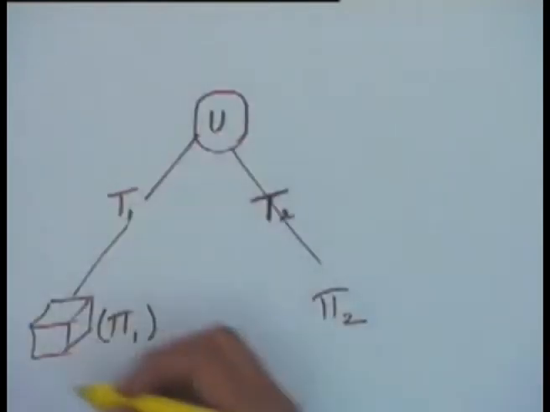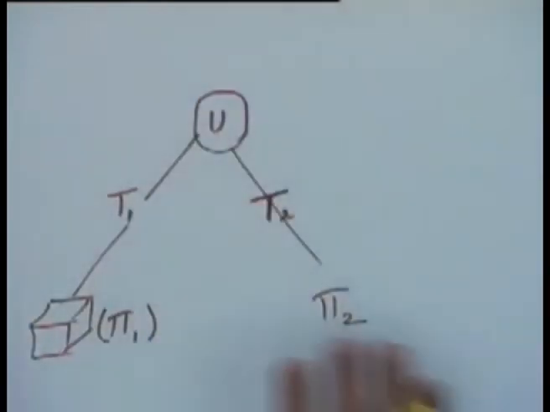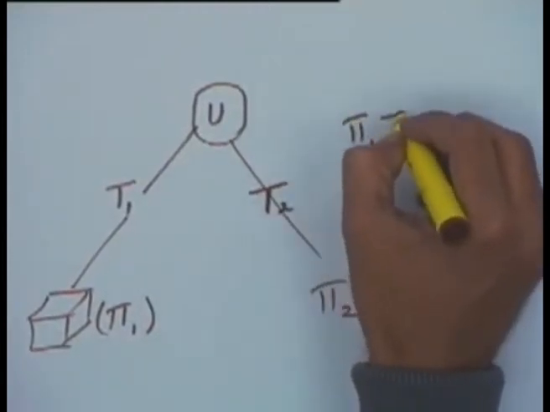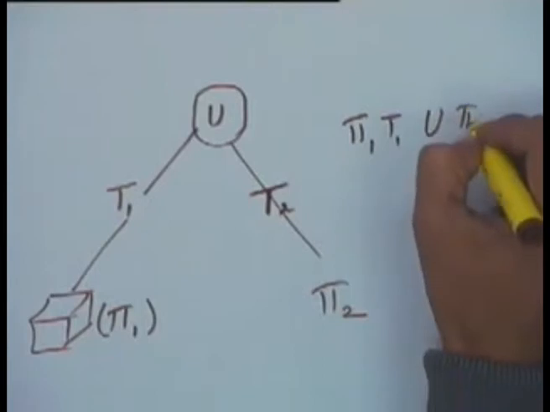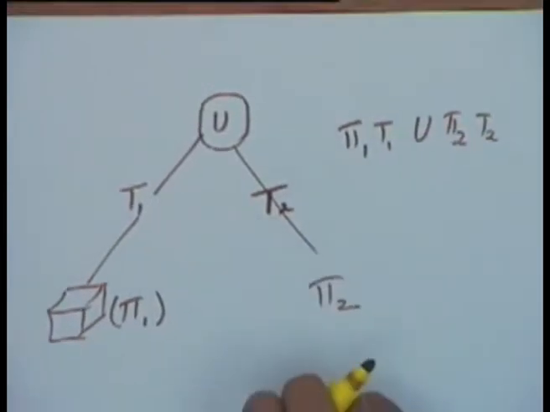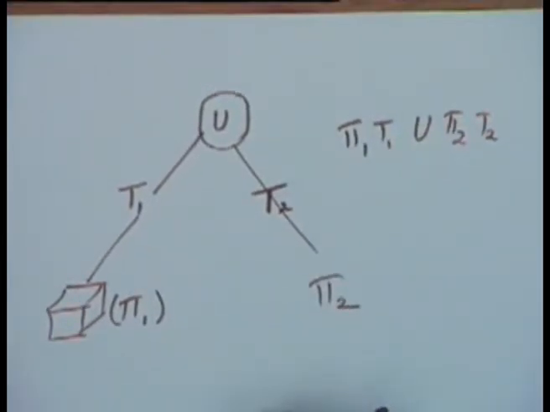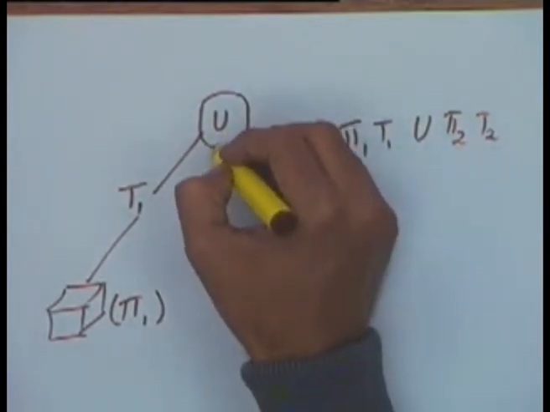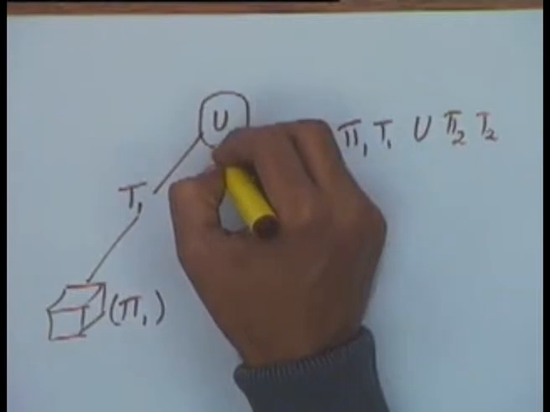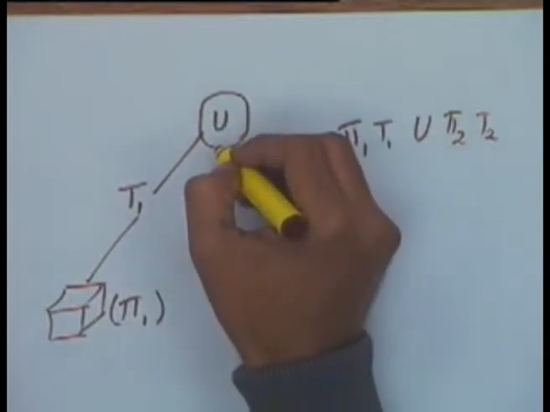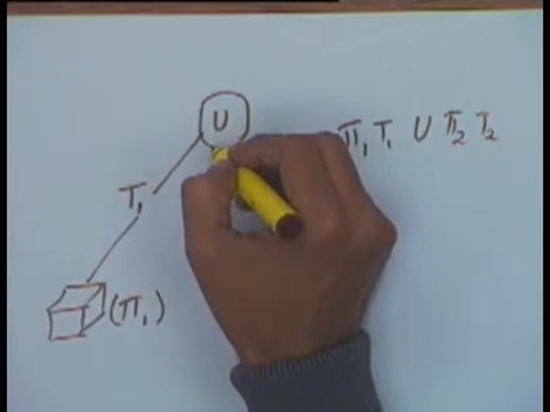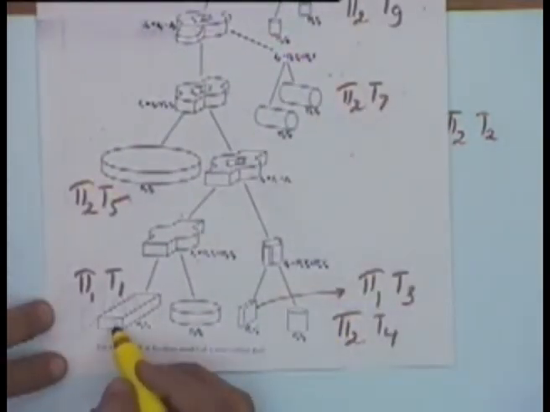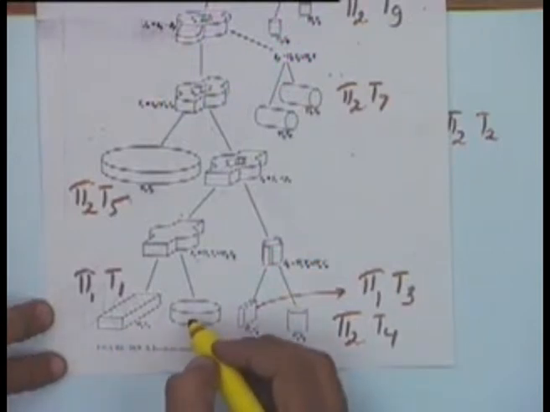When I have to evaluate this model, this is only a procedural model right now. That means this expression pi 1 T1 union with pi 2 T2 is only a procedural model right now. When I want to evaluate this, the process of union is going to be very expensive. As I mentioned earlier, whenever I have to carry out a Boolean operation, I have to find the intersection of all surfaces in one with all the surfaces of the other body.